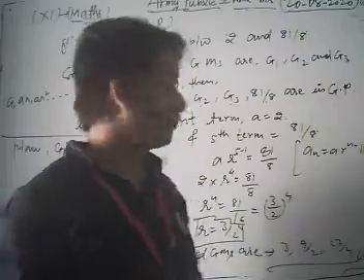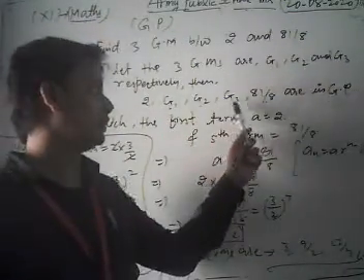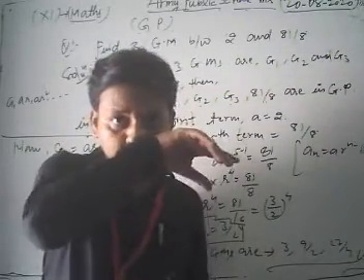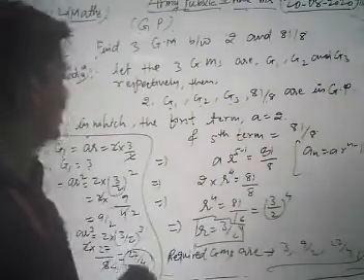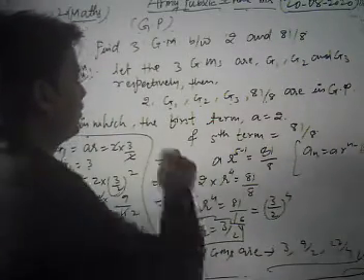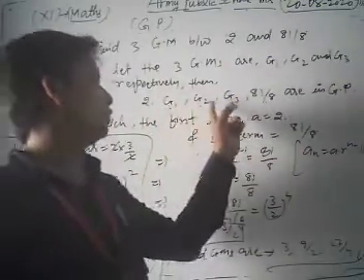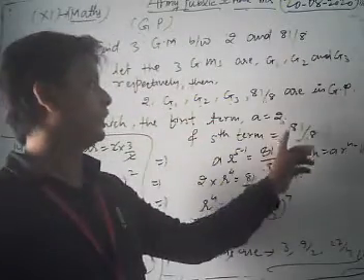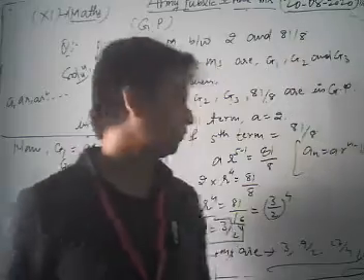Now it is clear that 2, G1, G2, G3 and finally 81 by 8 are in the form of GP. The first term of this sequence is 2, and counting 1, 2, 3, 4, 5, the fifth term is 81 by 8.